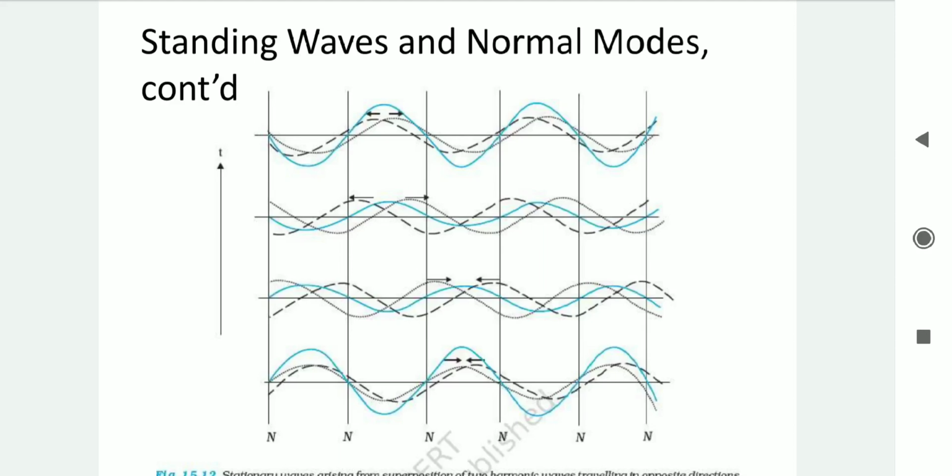Standing waves arise by the superposition law of two harmonic waves traveling in opposite directions. So here one wave is traveling in the positive x direction, another in the negative x direction, as you can see step by step. In the first wave, the distance between these two waves is less.